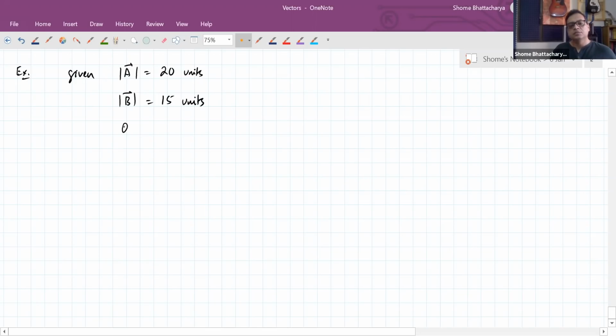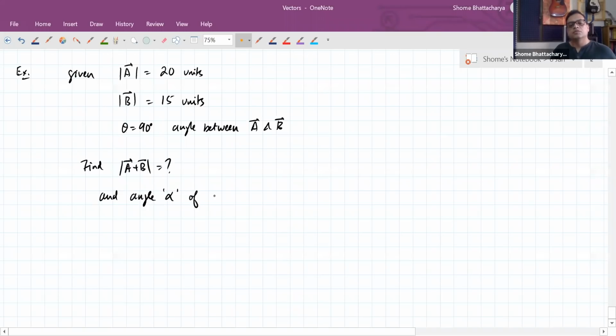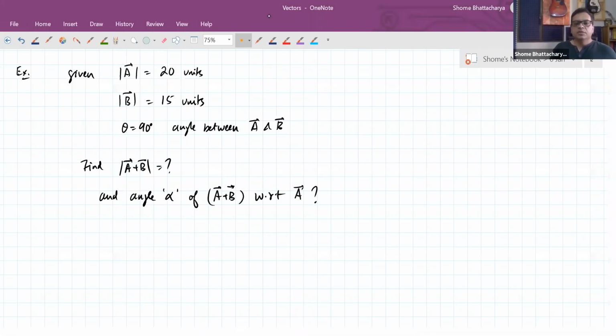And the angle between them is 90 degrees. So you want to find the magnitude of A plus B and the angle of the resultant of A plus B with respect to the vector A. In this type of question, we can directly make use of the statement of triangle law and the formula of triangle law and work this out.